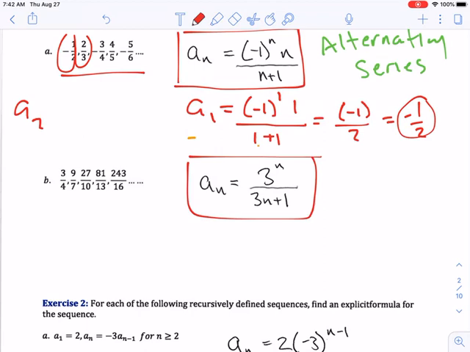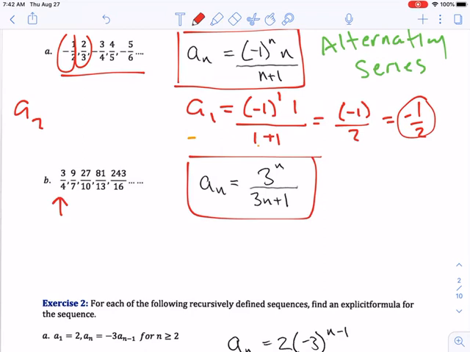So when we look at n equals 1, we have 3 over 4. So the numerator is 3. And then we have a numerator of 9, 27, 81. And what I notice with those is that those are all powers of 3. 3 to the first is 3, 3 to the second is 9, 3 to the third is 27, etc.